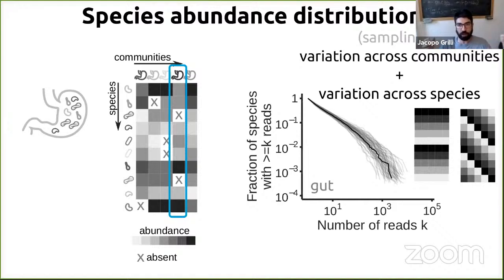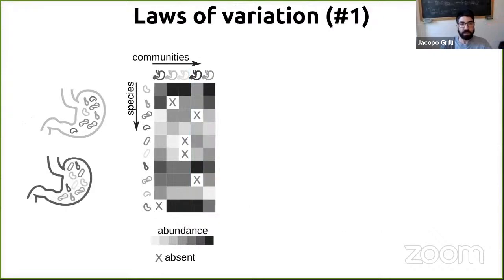So can we disentangle these two sources of variation? Well, the simple thing you can think of doing is to look at the variation of abundance of a given species across communities. Now, there is a technical issue here, which is that different communities are sampled with different sampling depth. So you have to take that into account.